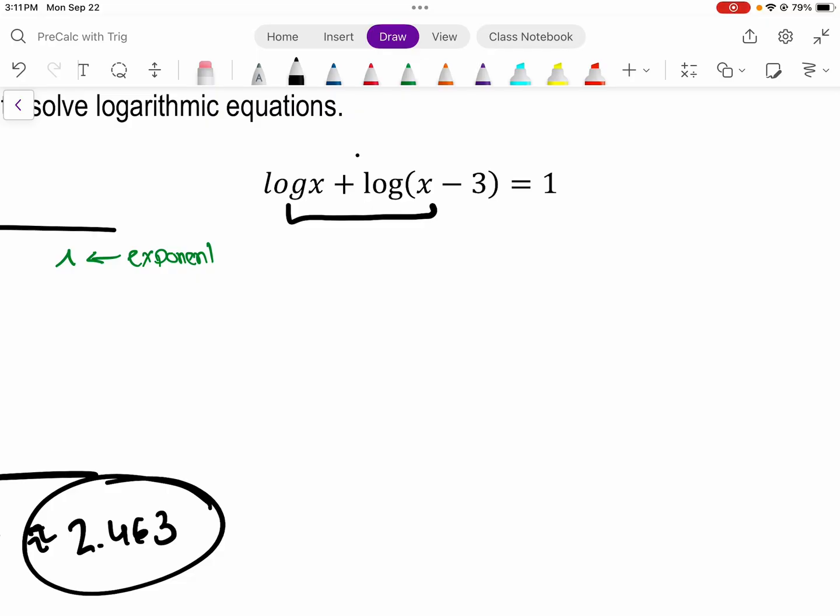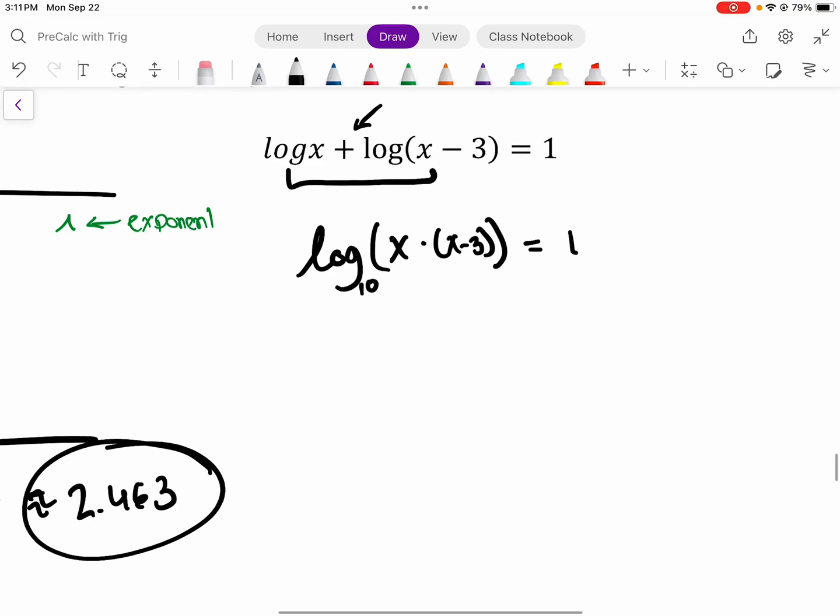Remember, when they're adding, we're using the product property, which means we can put the log into one single log, and everything that is inside will be multiplying, which in this case would be the x times the x minus 3. Now notice that this is a common log, which means the base is 10, even though we don't write it down.